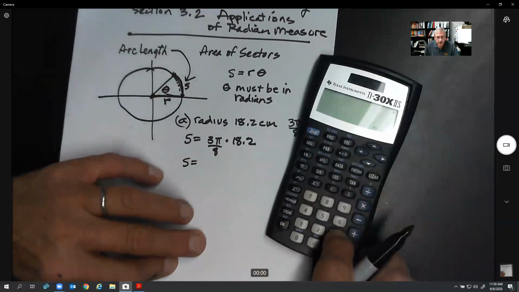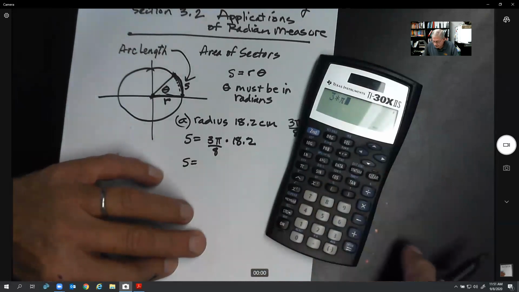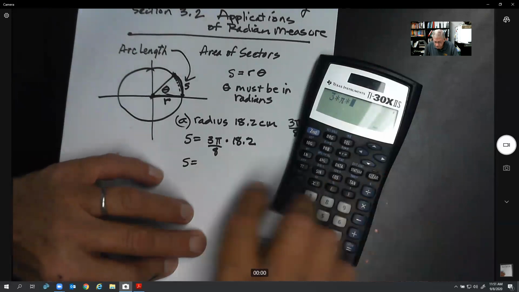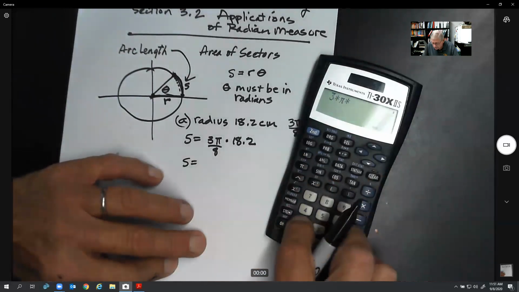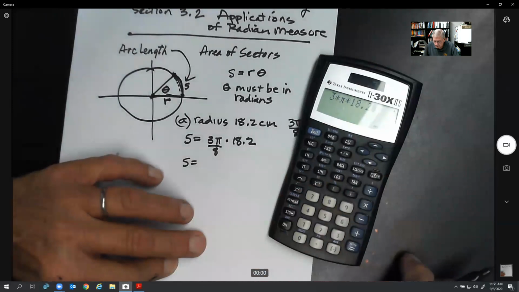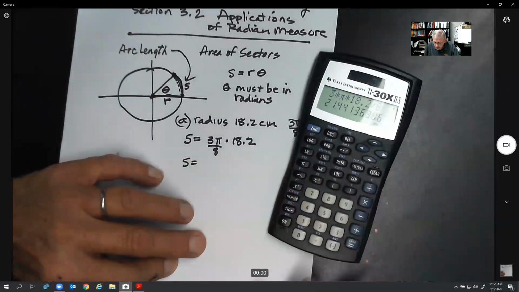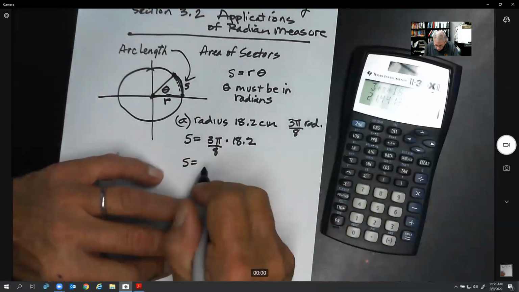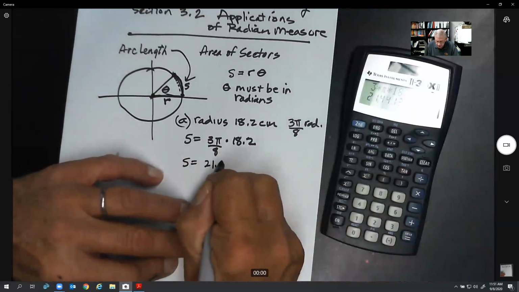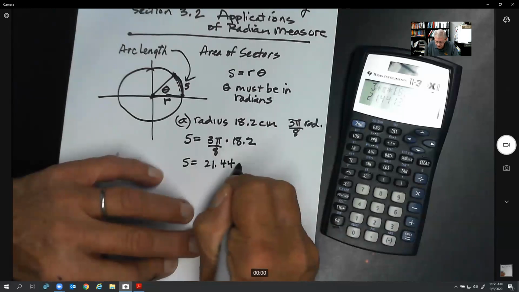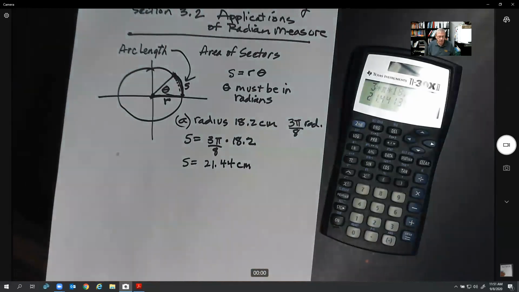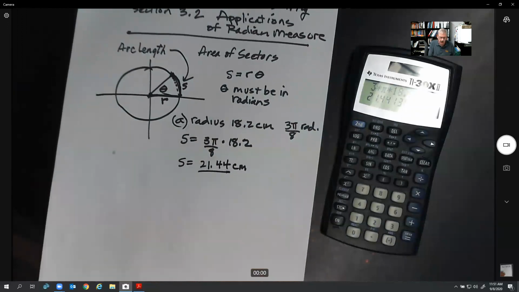We have 3 times pi times 18.2 divided by 8, and we come up with 21.44. We'll always carry these out to 2 decimal places: 21.44 centimeters. Just to make it easier on you, we always carry them out 2 places.